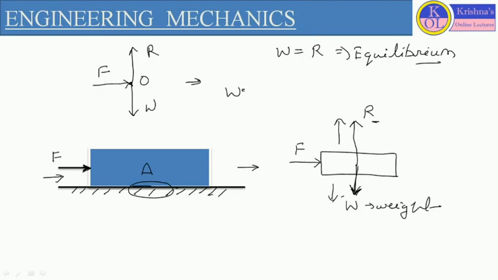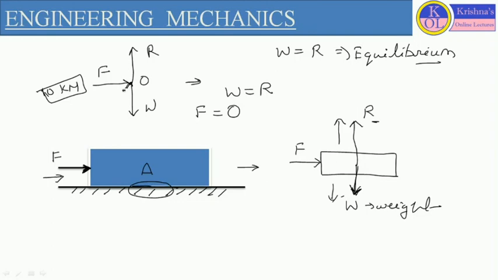So here W will be equal to R, and here the body is not in motion. So this particular F will be equal to 0. Or whatever magnitude we are considering, if we are considering the magnitude of force is 10 kilonewton, and if the body is not in moving condition, the body will be in equilibrium. So the summation of all the forces applicable in a particular direction should be 0. So in this way we can define the free body diagram as well as the equilibrium condition.